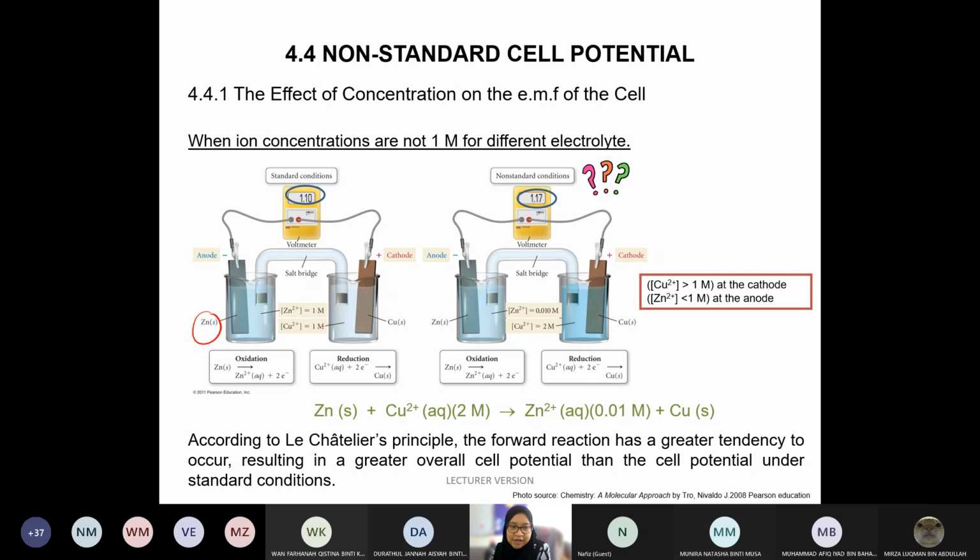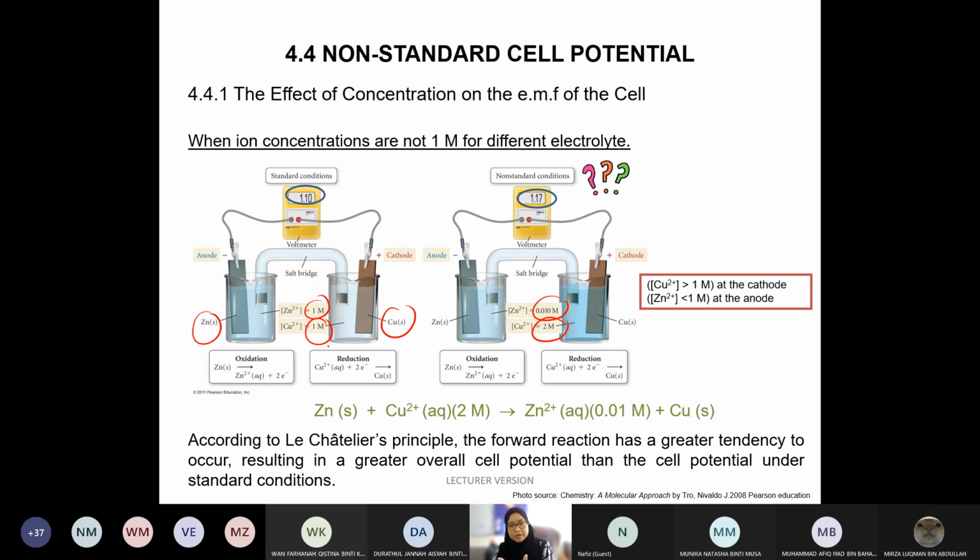Okay, we have zinc dengan copper. Kita ada different in electrode kan? That one dah create electrode potential, dah create different dah in potential. But not only that, we also vary the concentration, guys. So this is the normal version, the standard version, because the concentration is at 1 molar, for both solution.